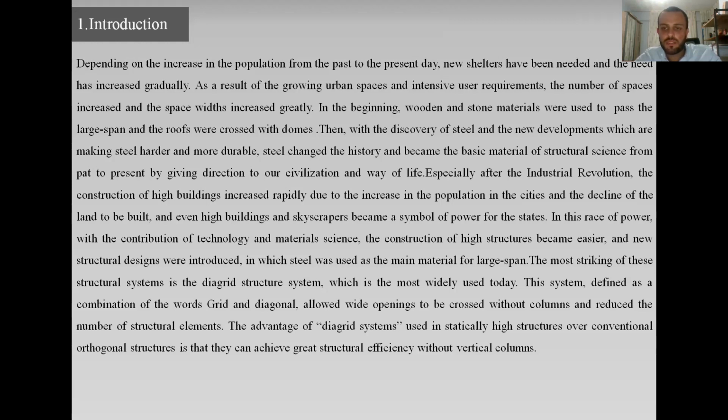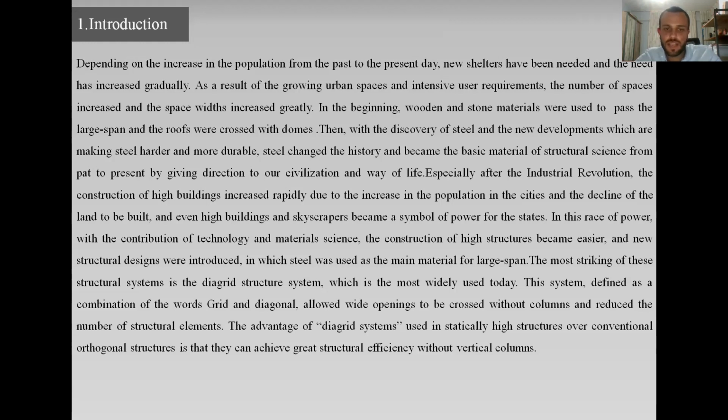The most striking of these structural systems is the Diagrid structural system, which is the most widely used today. This system, defined as a combination of the words grid and diagonal, allows wide openings to be crossed without columns and reduces the number of structural elements.